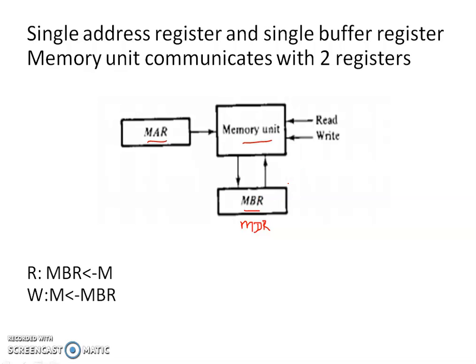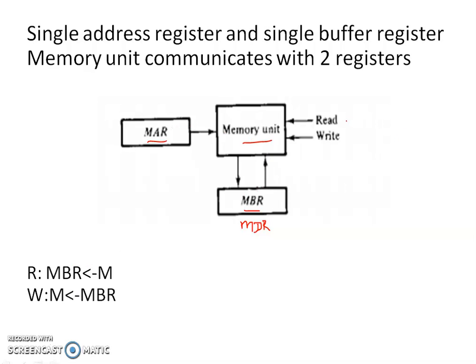The contents are taken from different textbooks. The first module was from the Carl Hamacher book, and the second module was taken from Morris Mano. In that, instead of MDR, they make use of the term MBR, memory buffer register. Both are the same.